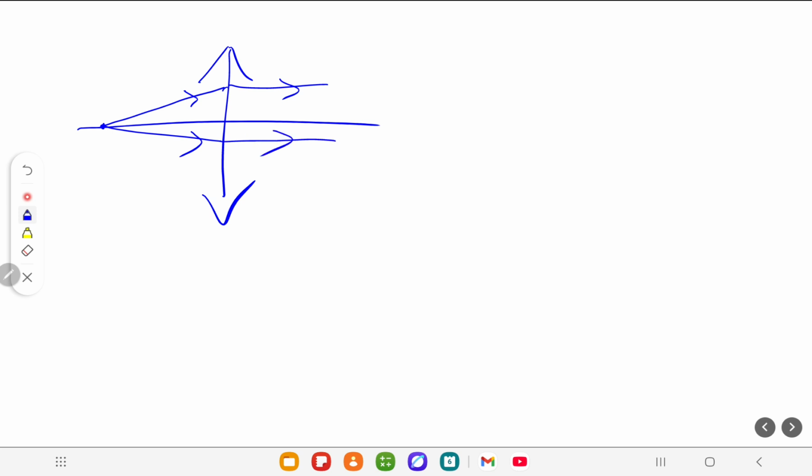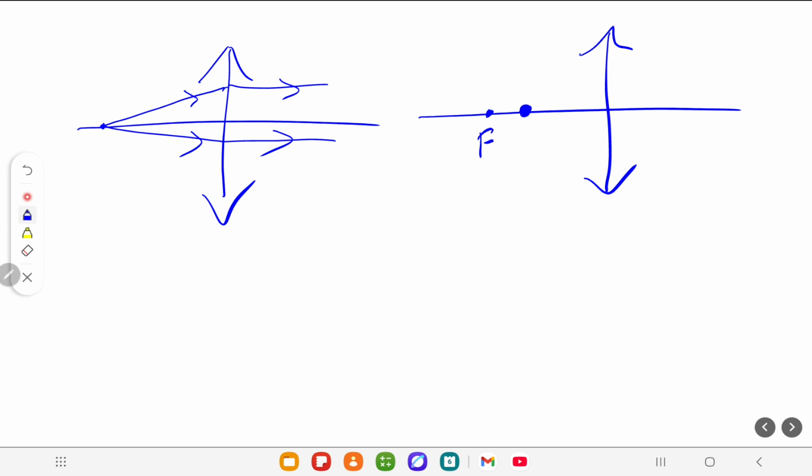If I draw this picture of a lens, and I tell you this is the focal point, the primary focal point, and I put the object here, then what happens? It strikes the lens and then it goes parallel, isn't it? Then again the same object, and if I put it between the focal point and the lens, what happens?